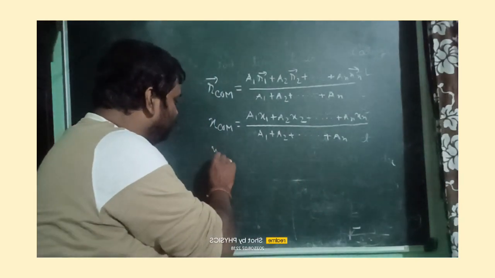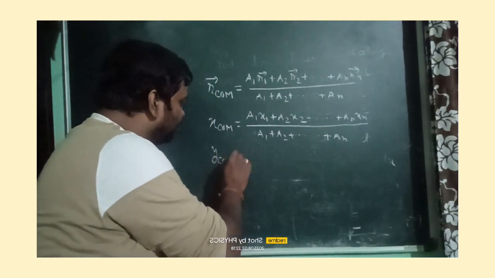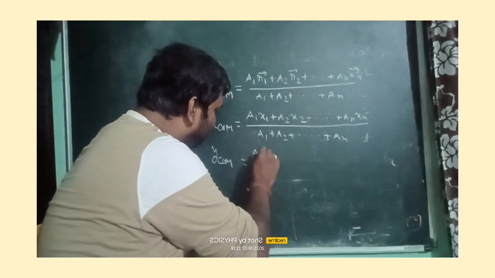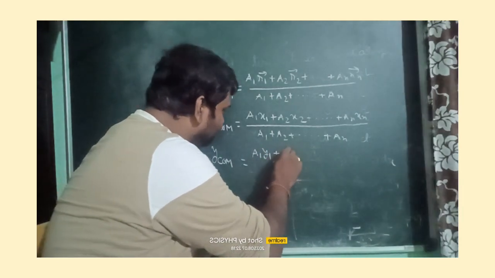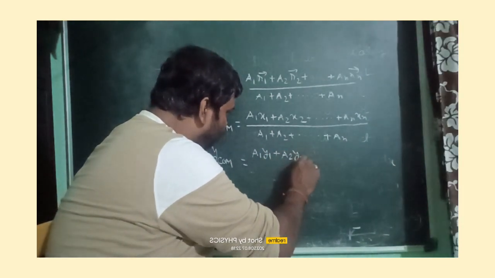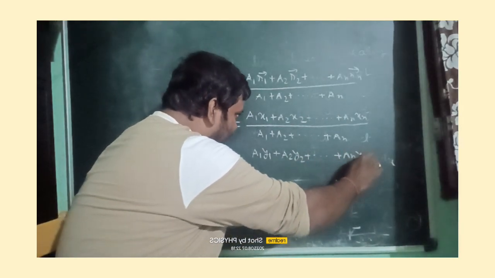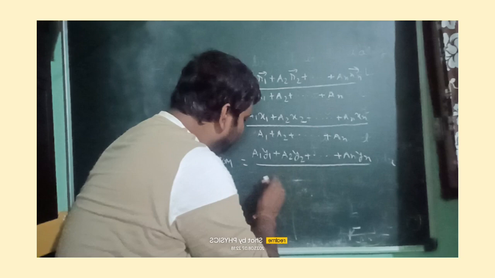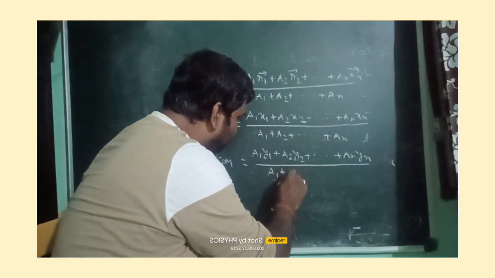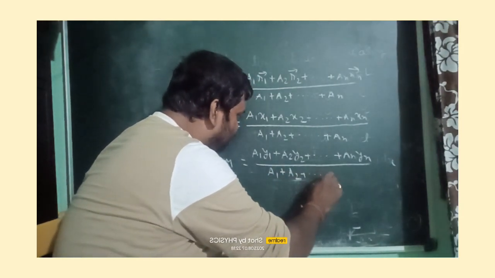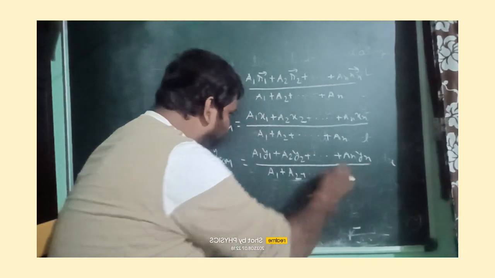Now YCOM is equal to A1 y1 plus A2 y2 plus dot dot dot AN yn by A1 plus A2 plus dot dot dot AN.